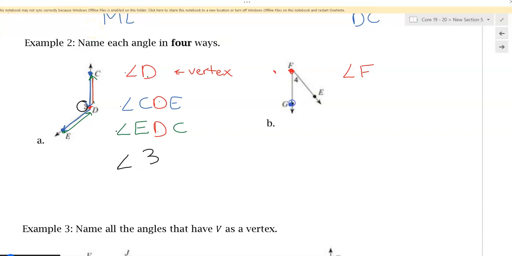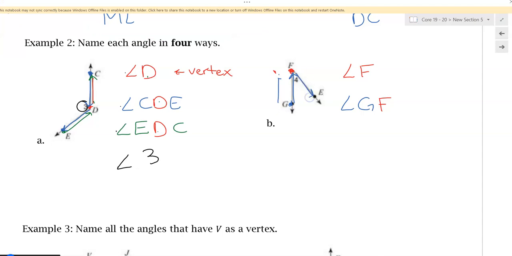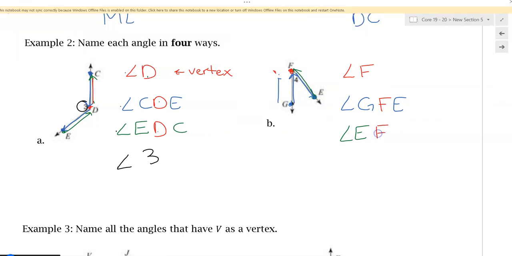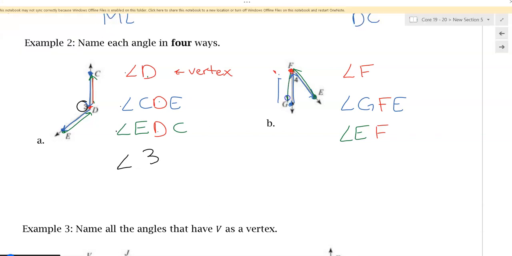I can start at, let's say, G, so angle G, and I'm going to go to F, and then follow the line to E. Or I can start at angle E, point E, go to F, following my line, and then go to G. Okay?